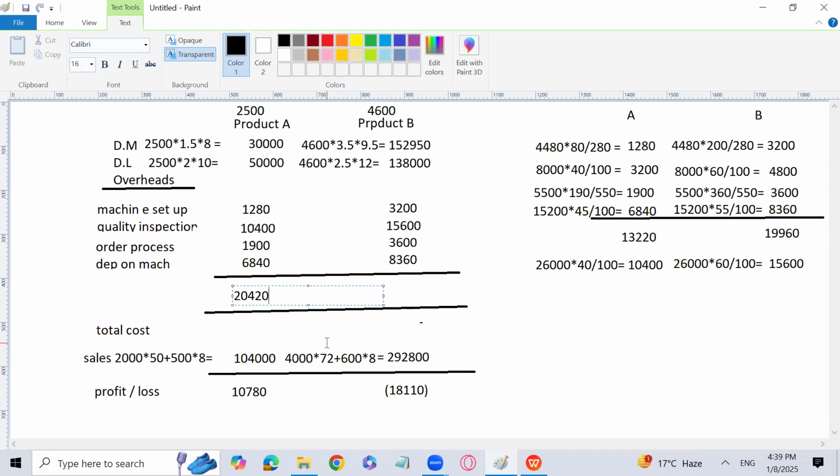20420. This total? Yeah. 307. Okay. Now total cost will be 1,04,020.